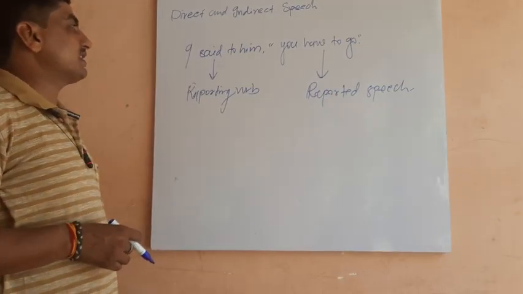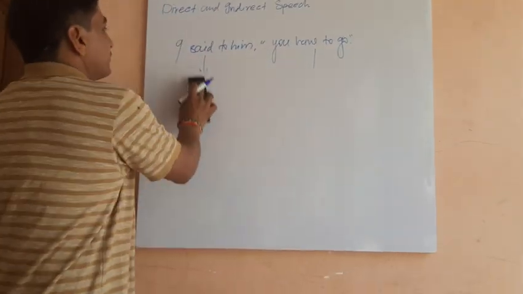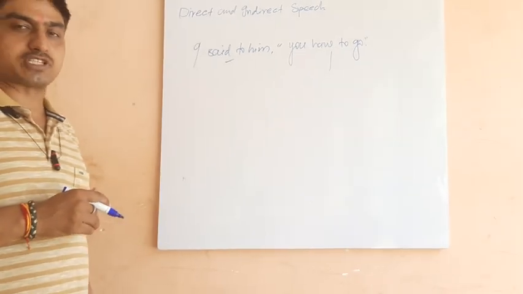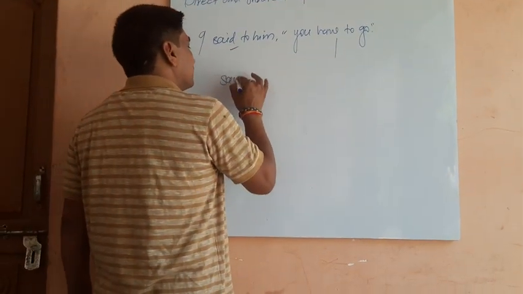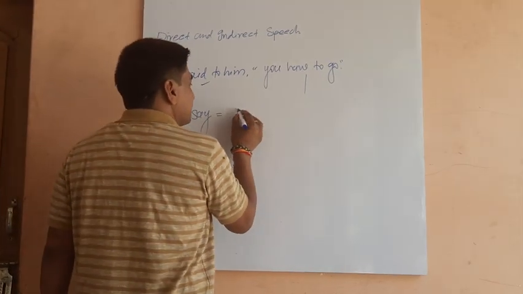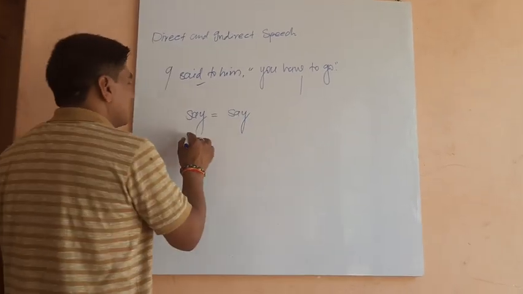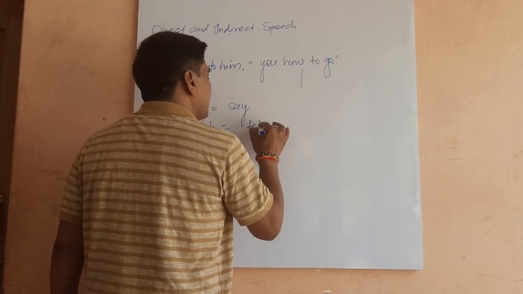And the rule says, first we have to go to the reporting verb, and the reporting verb rule says that if say is there, that will remain say in indirect speech. If say to is there, that will be tell.